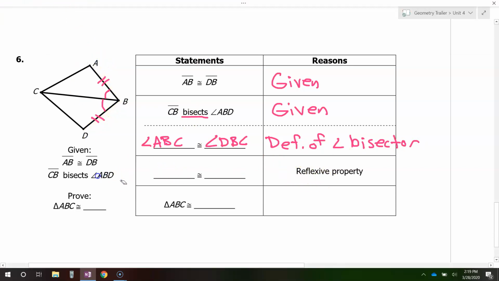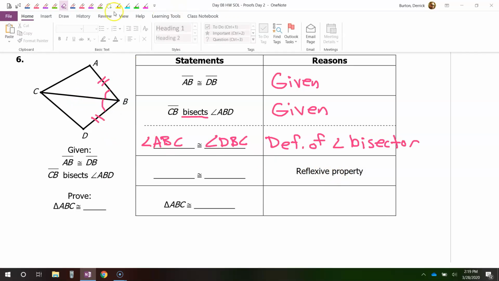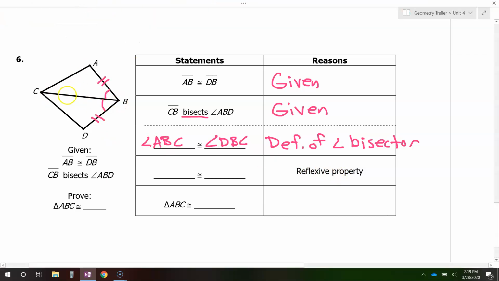Well, they gave us this big hint that the next reason is going to be reflexive property, but we would have looked for that anyway. The shared side will always be congruent. So we will say that CB, segment CB, is congruent to segment CB, and of course that is the reflexive property.